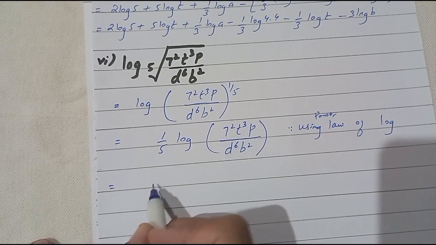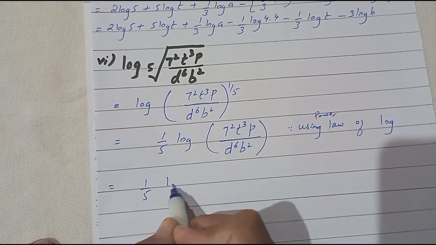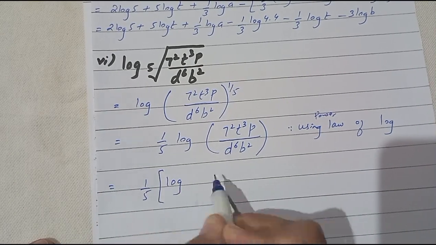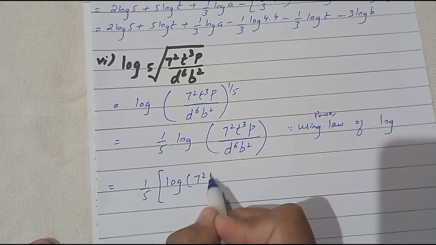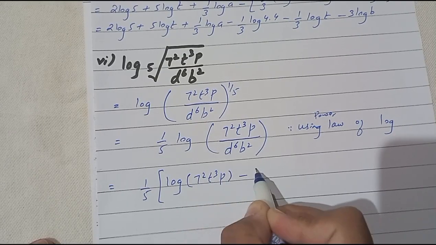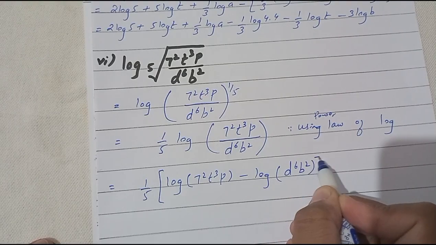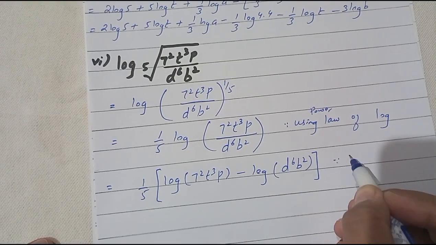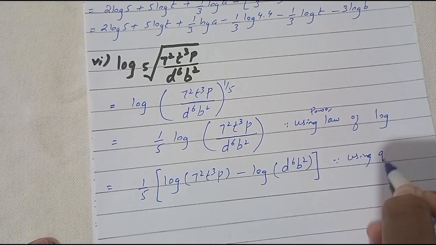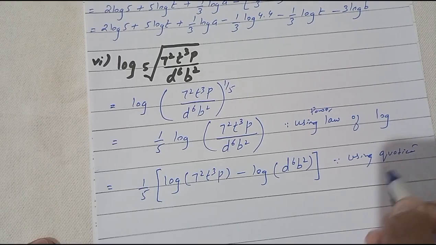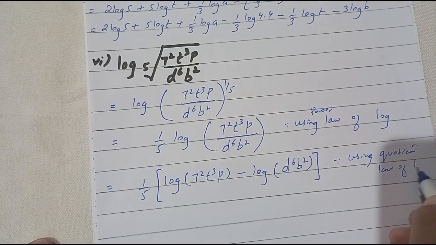Now using quotient law, we will apply log as 7 square t cube b minus log of d6b square, using quotient law of log.